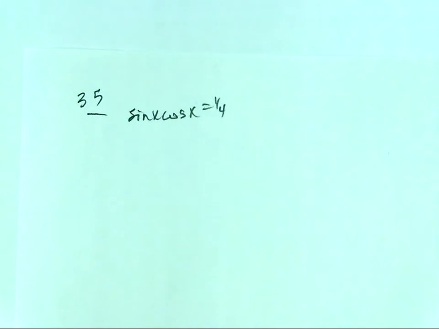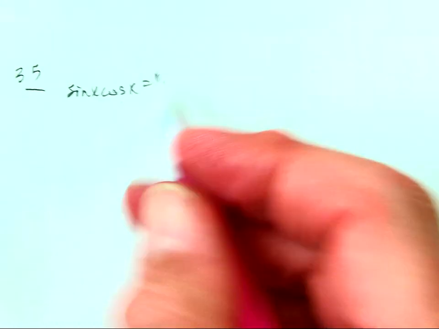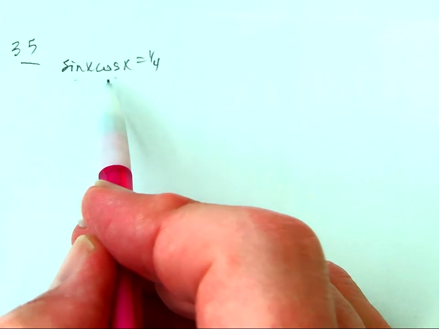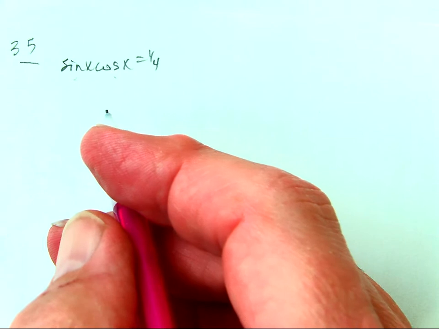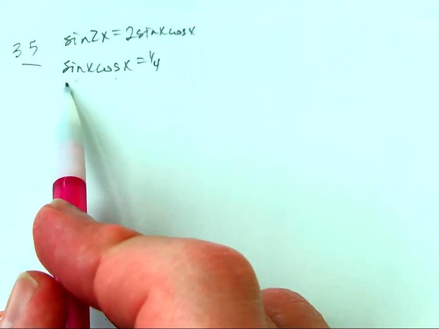Well, this is kind of tricky because we have two trig functions, sine and cosine, and if we set this equal to 0, that won't factor. Well, if you look at that, sine x cosine x looks kind of familiar. We had an identity before that said the sine of 2x equals 2 sine x cosine x. Well, this is almost the same. We're just missing a 2.